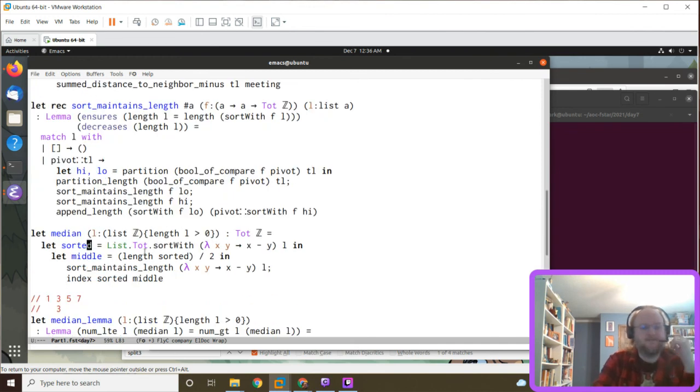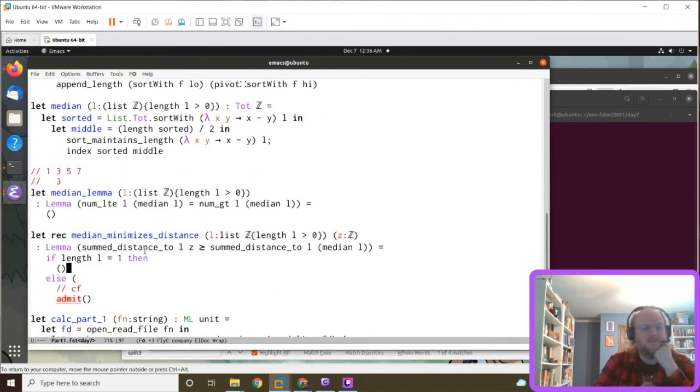I don't know. I'm going to have to sleep on this. Let's stick an admit there and see if we can prove it. Can we prove our theorem here?